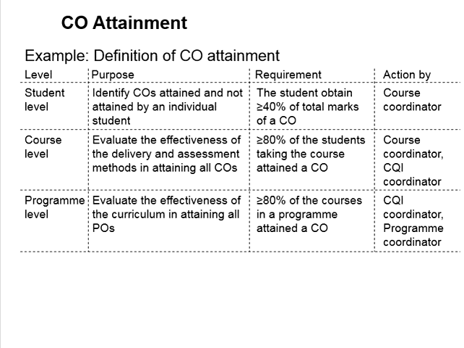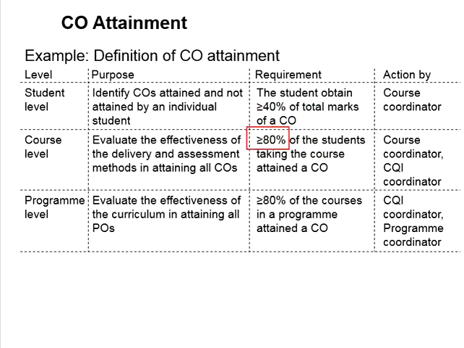The requirement is that at least 80% of the students taking the course attain the CO. In order to consider that a particular CO is well delivered and well assessed, we will require a majority of the students undertaking the course to have passed and attained their COs.